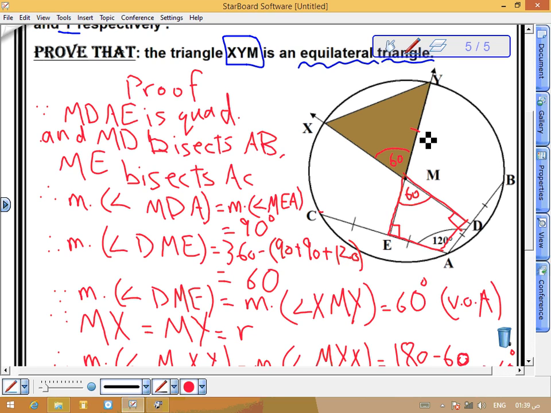Since MY and MX are two radii in the circle, so this triangle is isosceles up to now. By dividing 180 minus 60 over 2, the measures of angles here and here equal 60. So the triangle MXY, the shaded, is an equilateral triangle.